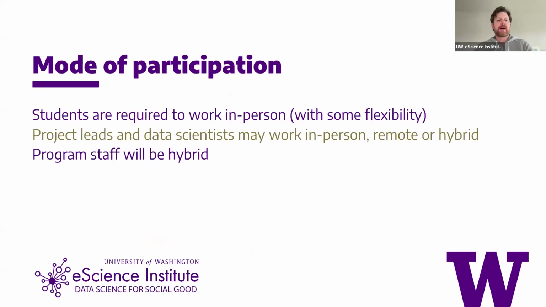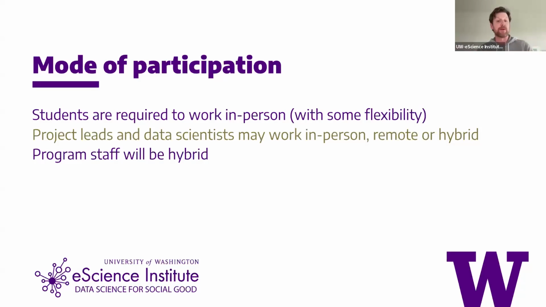Let's talk briefly about the attendance expectations for the students that we have. The three takeaways from this slide are: we expect the student fellows to be there in person in Seattle for the duration of the program. There is some flexibility around attendance, but for the project leads and the data science supporting the project, they may be in a variety of modes.